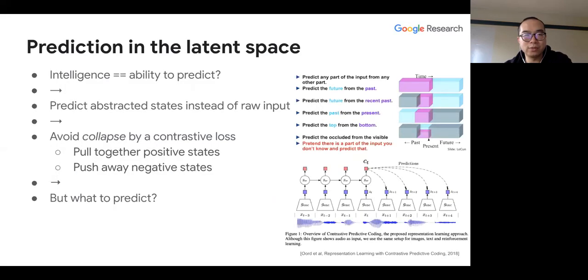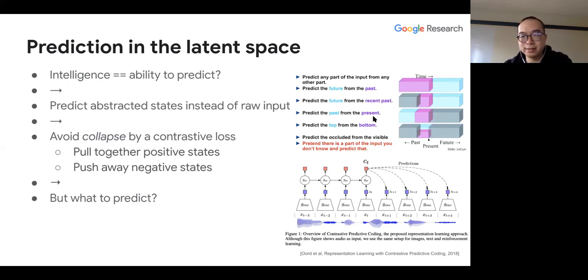The way I'm thinking about contrastive learning and this line of work is that rather than making predictions in data space, you make predictions in latent space. I guess a lot of people might agree or might not agree, but I think intelligence can be somehow equivalent to the ability to predict various things.